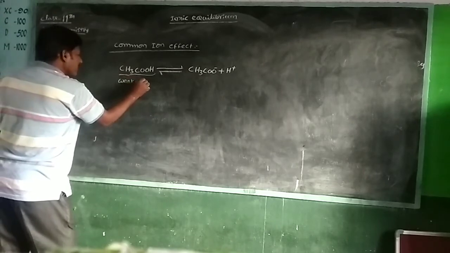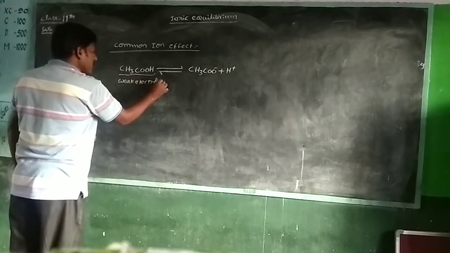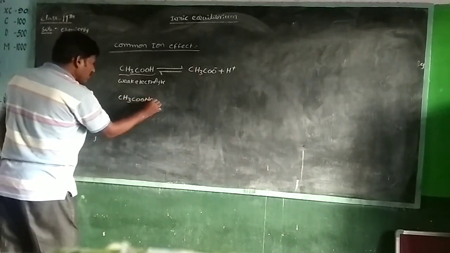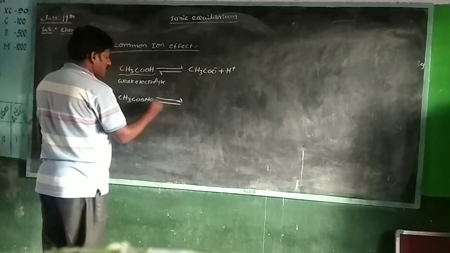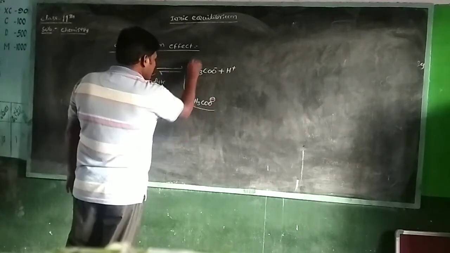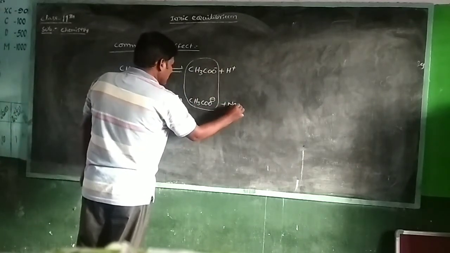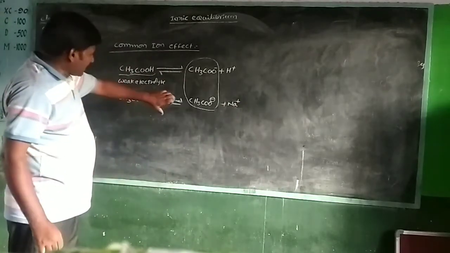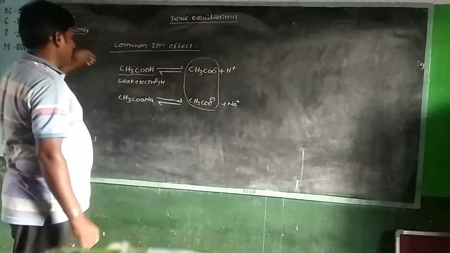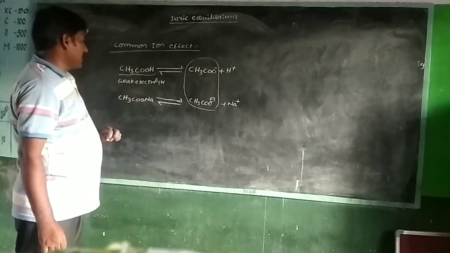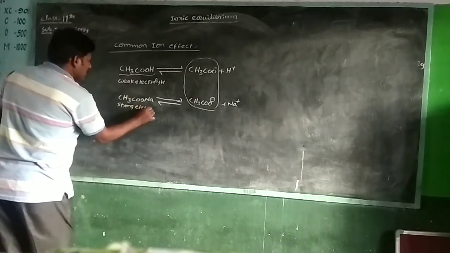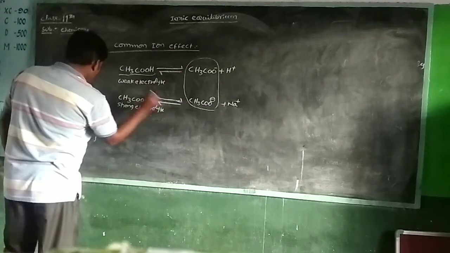When CH3COONa, a strong electrolyte having the common ion CH3COO minus, is added to that solution, it will push the reaction of the weak electrolyte in the backward direction. That effect is called the common ion effect. This is the strong electrolyte.